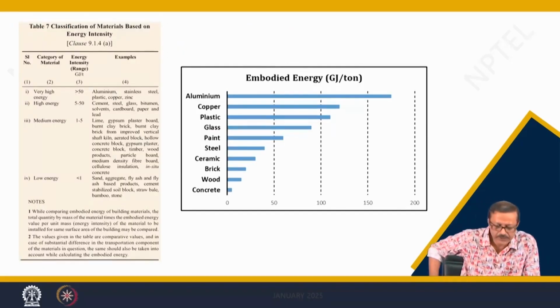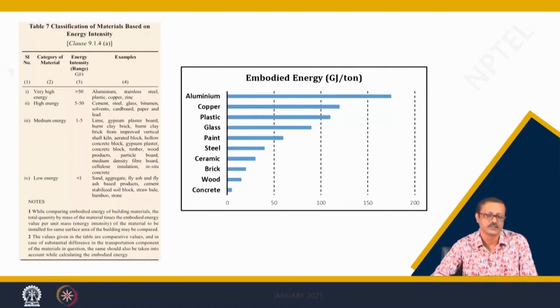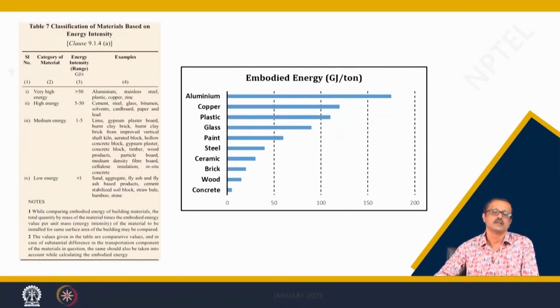Now, in embodied energy, we actually deal with a lot of materials in the building. In different parts of the building, structural parts, we use concrete, we use steel, and somewhere in the building maybe brick, plastering, timber, plastics, lots of things, maybe metals.